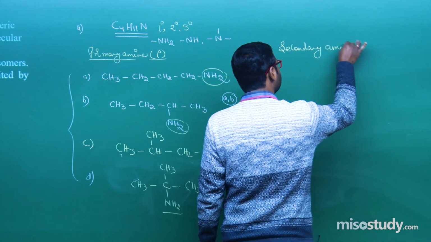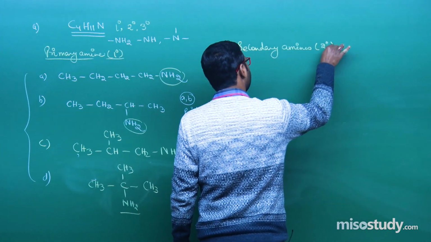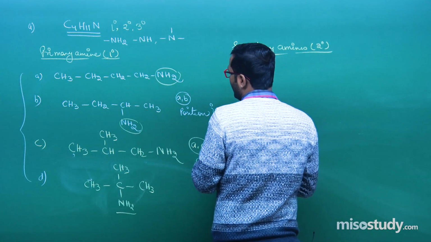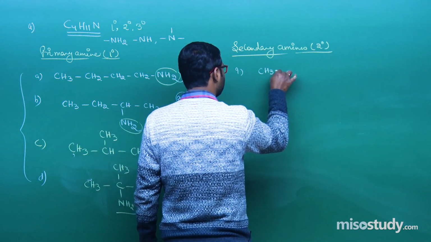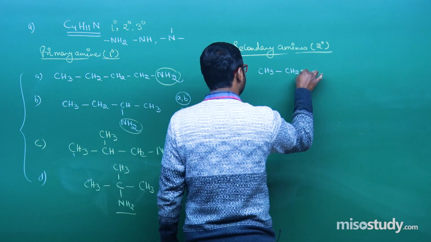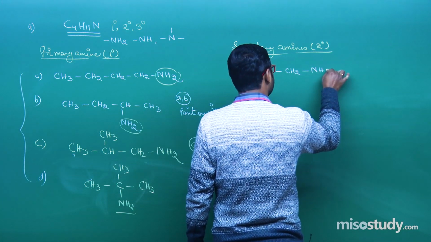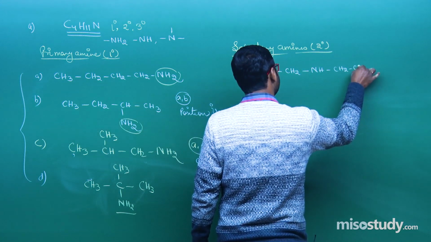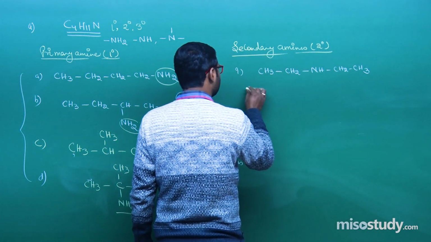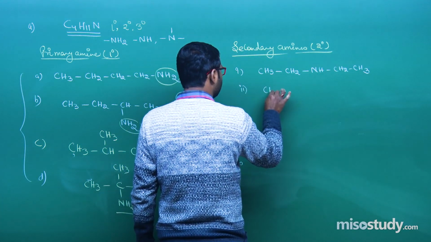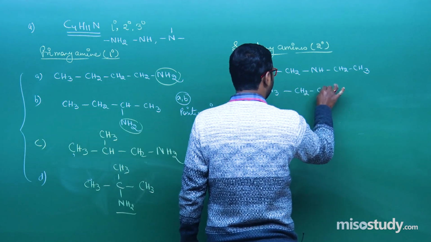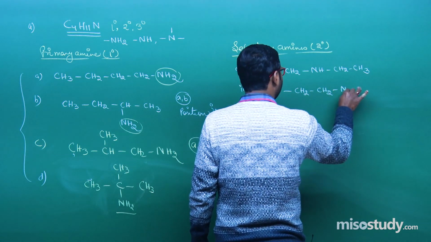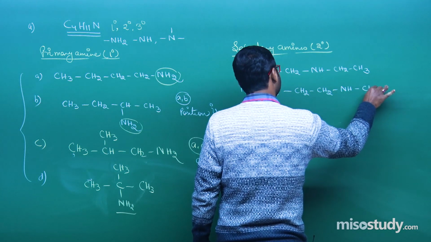Secondary amines, that is 2 degree amines. Now in 2 degree amine, the first structure will be CH3, CH2, then NH, CH2, CH3. Am I right? Yes. The second one is CH3, CH2, then CH2, then NH, then CH3.